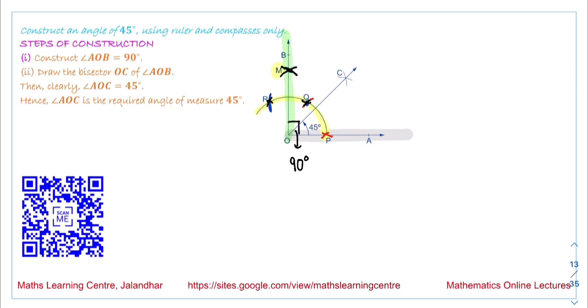Now in the next step, we have to bisect this angle. To bisect this angle, we draw arcs from the points.